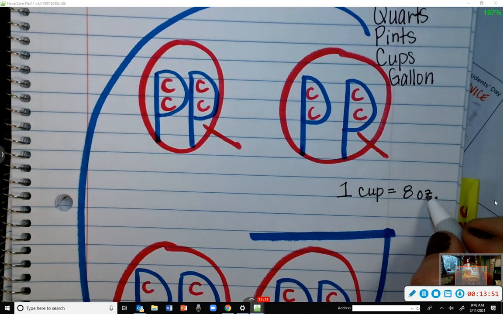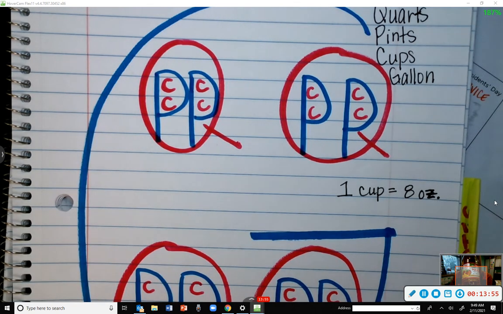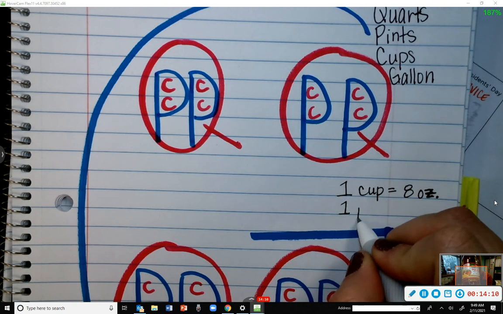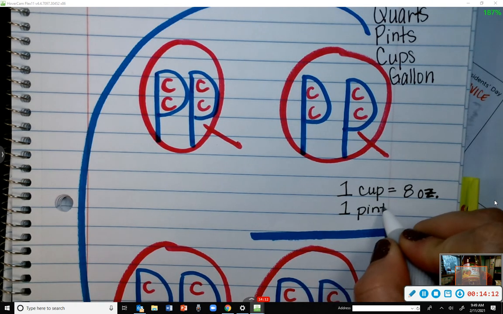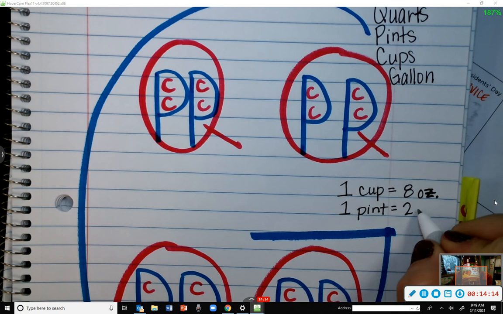I usually just put a line through my Z's like that sometimes just because it helps you see that it's a Z and not a 2 sometimes. Okay? So 1 cup equals 8 ounces. 1 pint equals 2 cups.